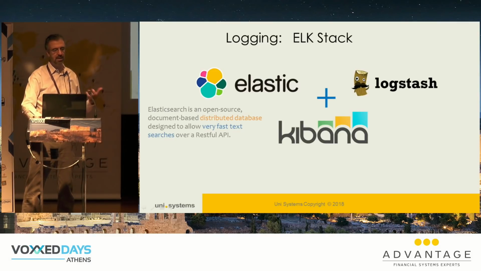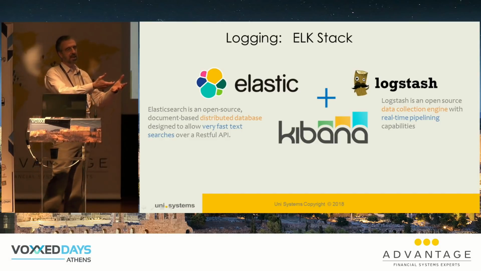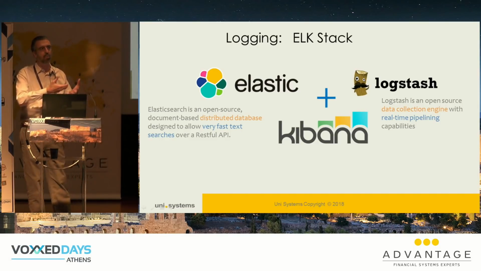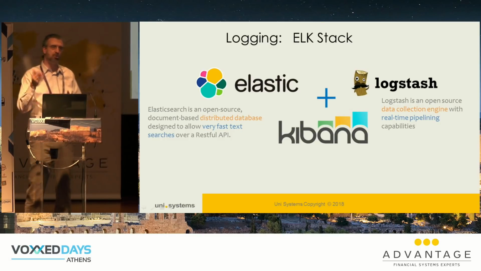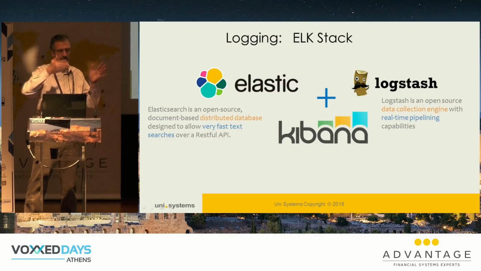It's a distributed, document-based NoSQL database designed to allow very, very fast searches. Logstash is the ingestion mechanism, so it's what pulls things from the logs and puts them in Elastic, but it also parses them using a pipeline so that they are nicely split into chunks that Elastic can understand.